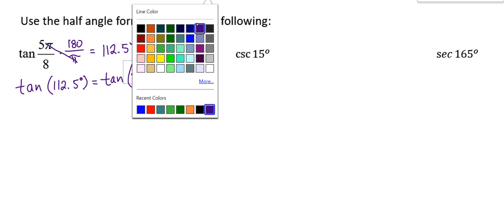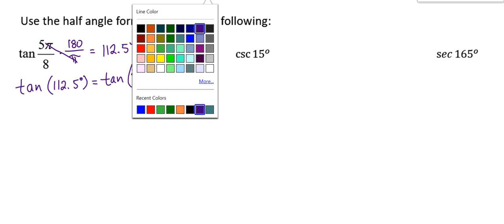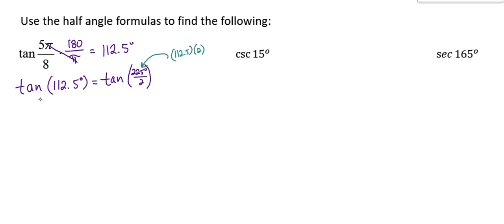So this number right here, I took 112.5 times 2. Okay, so we've got our u, and we just need to plug it into our formula. Let's use the bottom one, really doesn't matter this time.